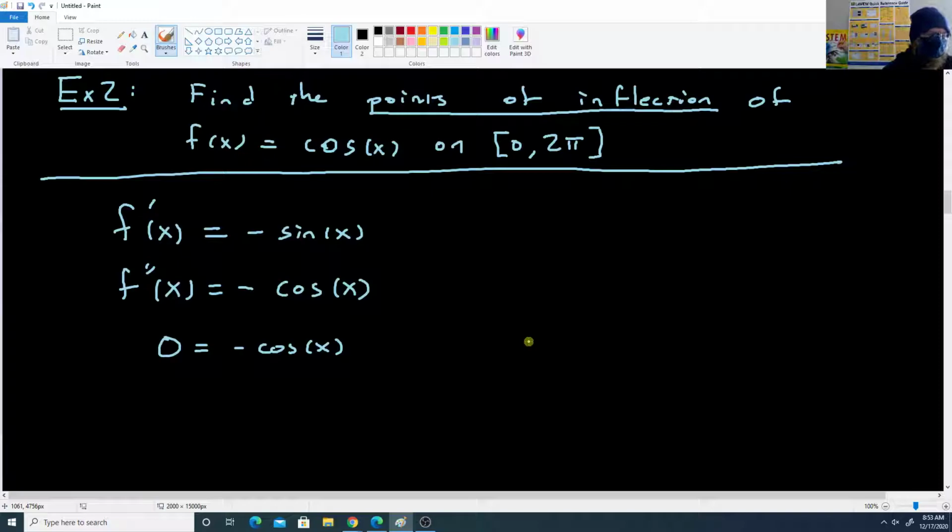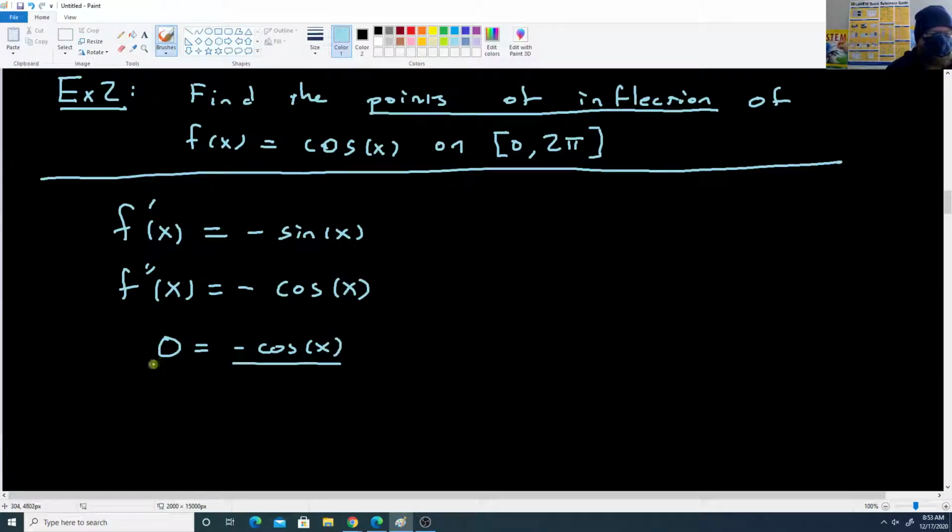So, okay, this just says negative cosine of x equals 0. We have to think back to the unit circle. Cosine of x does the opposite of what negative cosine of x does. Let's do this slightly different, because that'll make it trickier to think about.